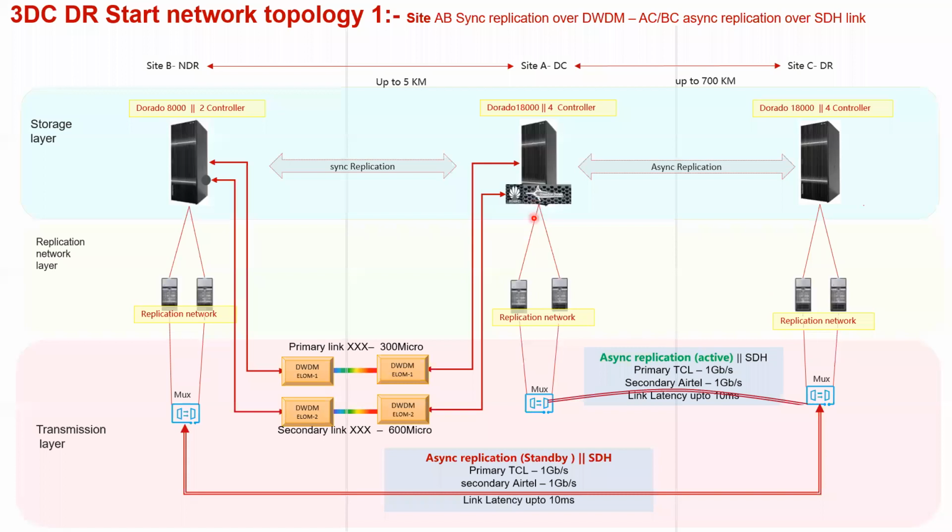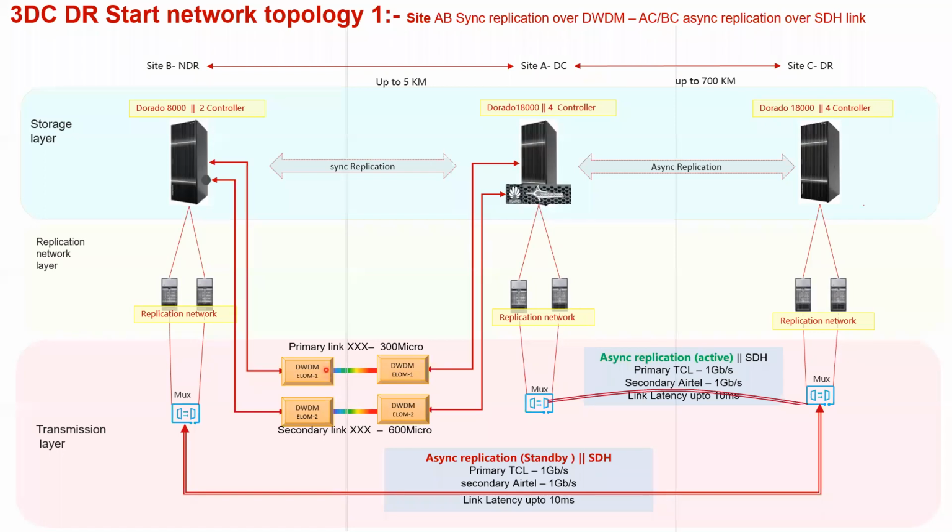For making sync replication a standard requirement, we ask telcos to provide a DWDM kind of link, because DWDM can assure you less than 1 millisecond latency. If you talk about SDH, it can go up to 10 milliseconds. But DWDM is a fiber communication, so it will give you a guarantee of less than 1 millisecond, maybe 300 microsecond or 600 microsecond links. So you can ask the telcos to provide it.